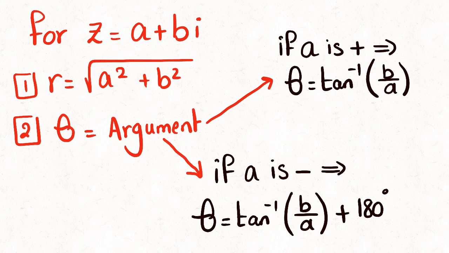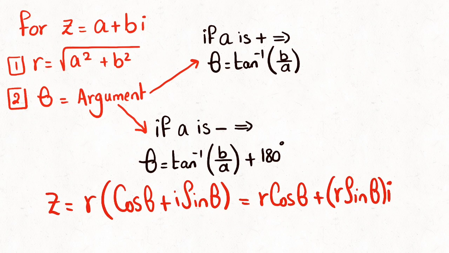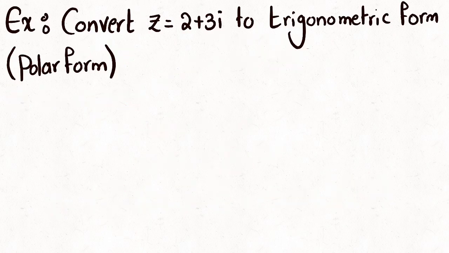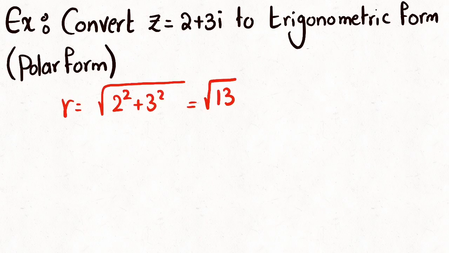Now after finding r and theta, z will change from a plus bi into r times the bracket cosine theta plus i sine theta. Take the following example: z equals 2 plus 3i. Now we say r equals the square root of 2 squared plus 3 squared, and it will be radical 13.